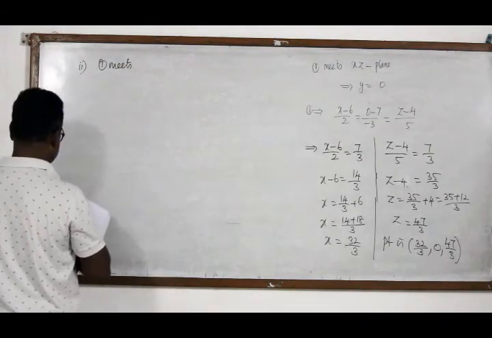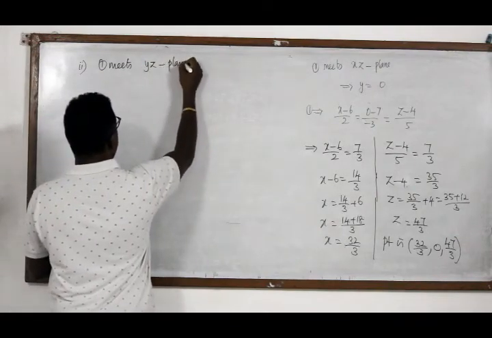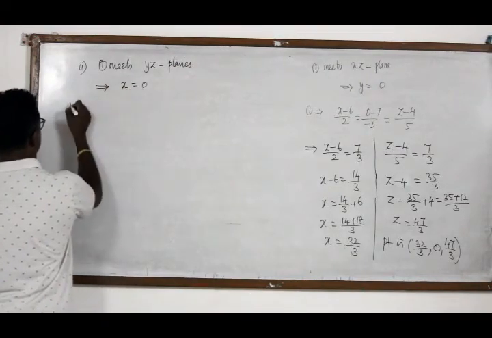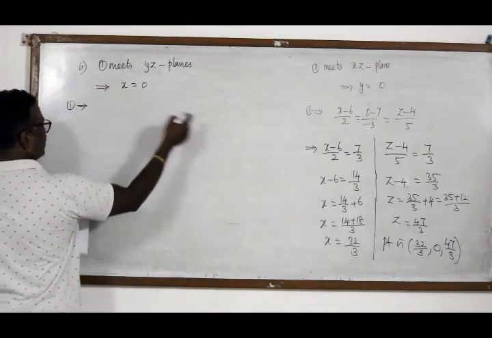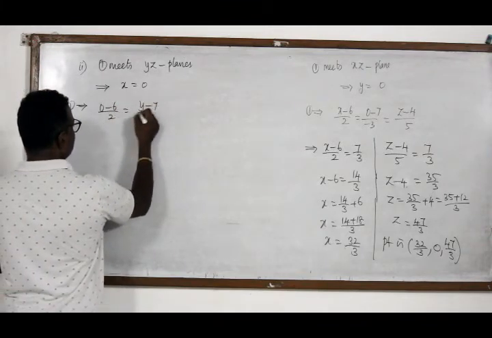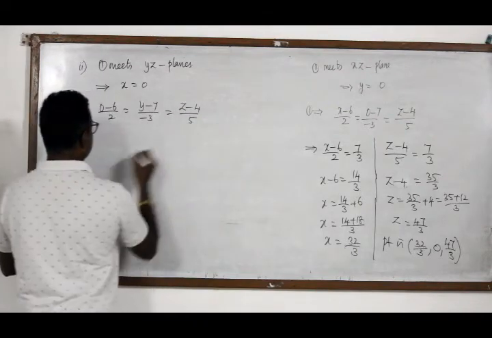I took only x is z, also y is z planes. Then this implies y is z means x equal to 0, then 1 implies, put x equal to 0, (0 minus 6) by 2 equal to (y minus 7) by minus 3, (z minus 4) by 5.